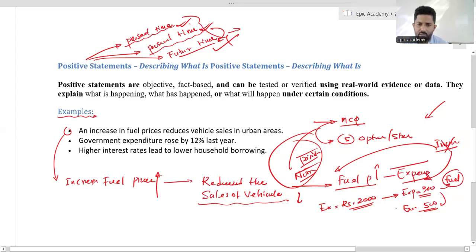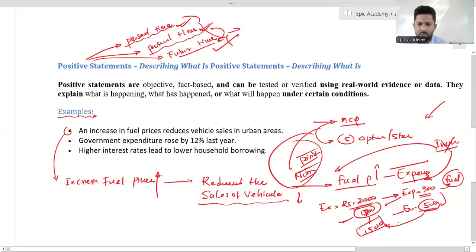They have to sacrifice other consumption, because earlier he could spend 1,700 rupees for other purposes. But what will happen after the fuel prices increase? They have to reduce the other expenses to 1,500 rupees. So it is not an expected thing for the consumers.